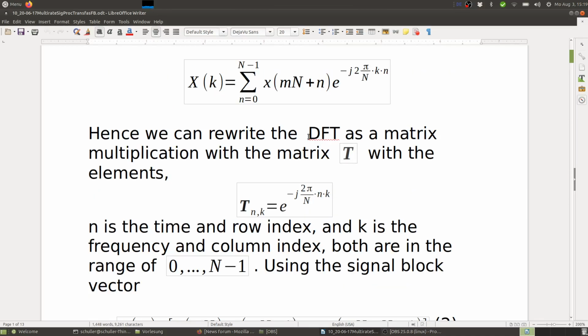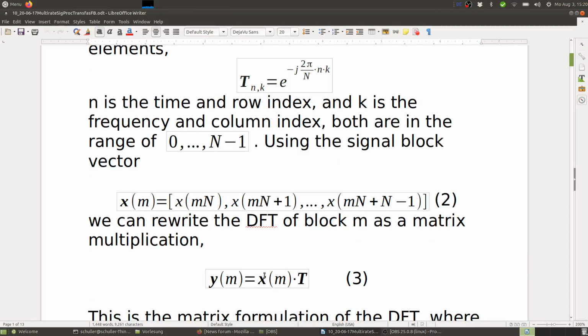So we can rewrite the DFT as a matrix multiplication with the matrix T, which has these elements. T at the nth row and the kth column has this entry, this exponential function from the transform kernel. So n is the time and row index, and k is the frequency and column index. Both are in the range between 0 and capital N minus 1.